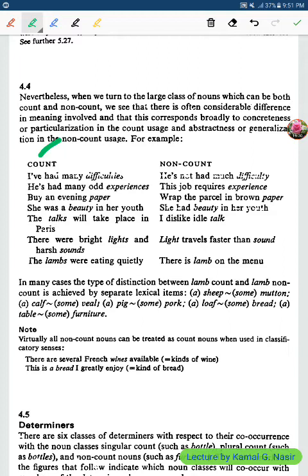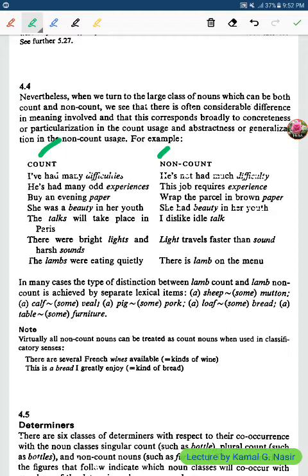I have many difficulties. These are nouns which can be counted and can be non-counted. Like what I told you now, some nouns can be counted and can be non-counted. Look well, according to the example.